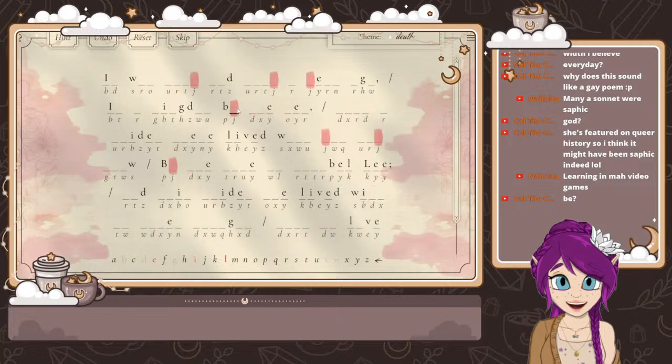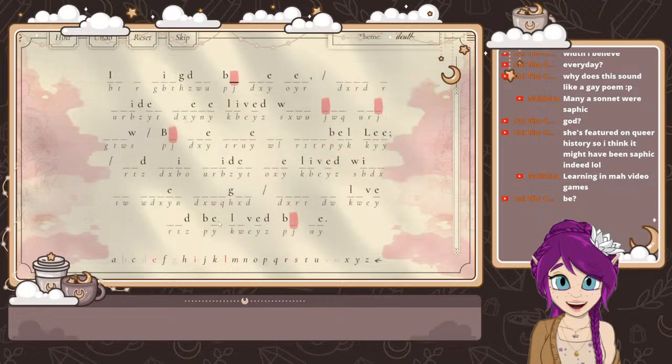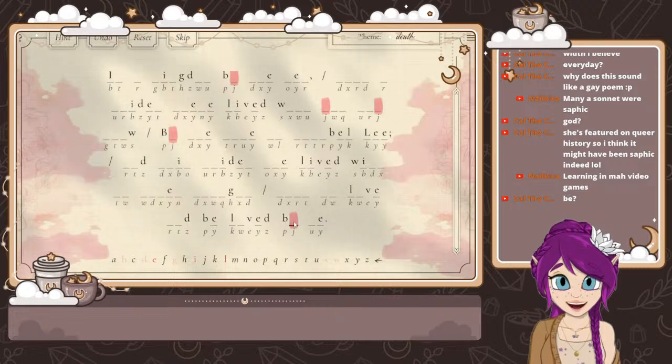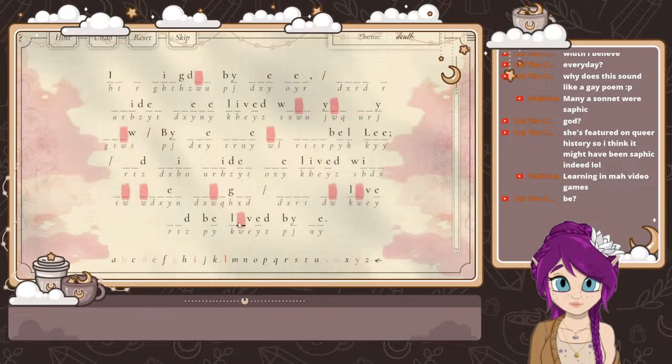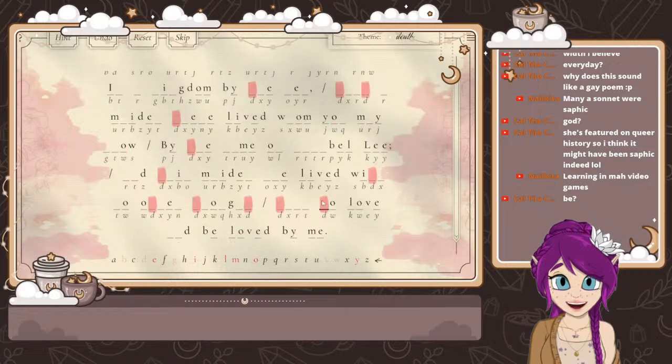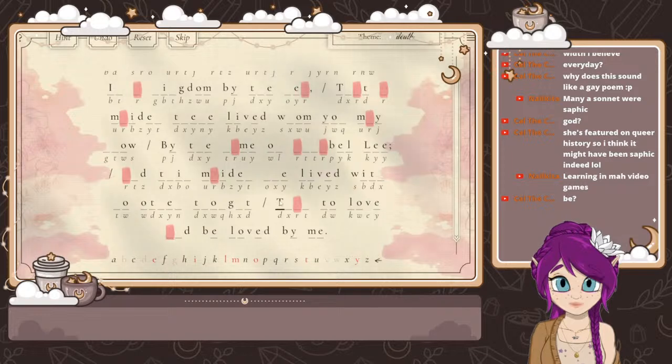Yeah, there's B. So this one is either B or by, but we also have this one, which might be by? Be loved by me. And this one's to love.